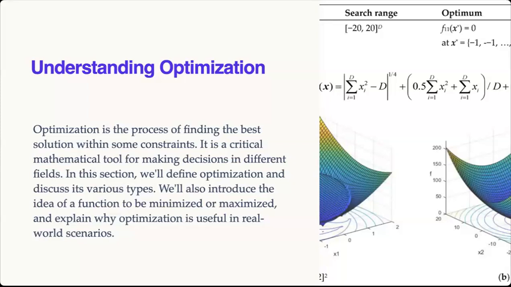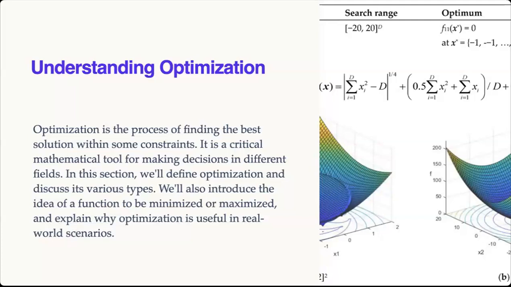So we will define the optimization problem and discuss different types of optimization problems, okay? And we also introduce the idea of the function to be minimized or maximized, okay?